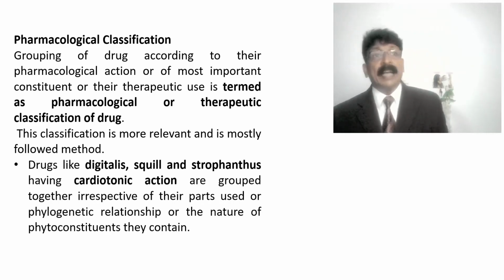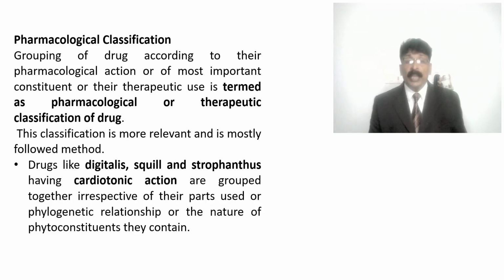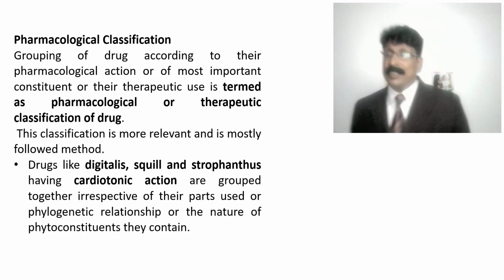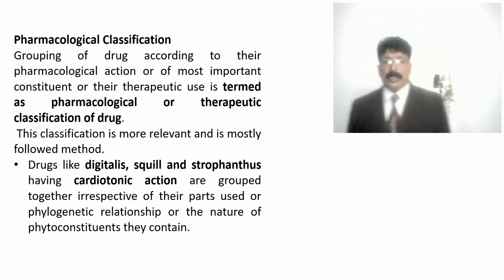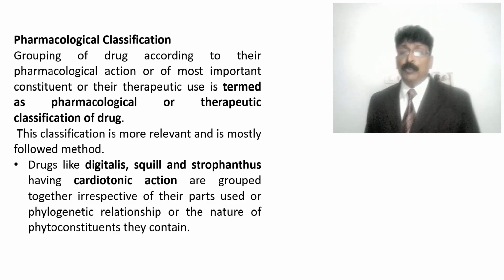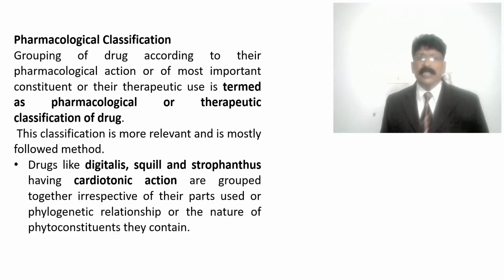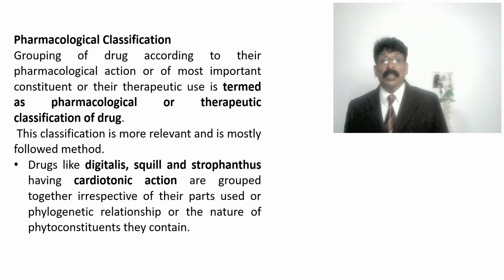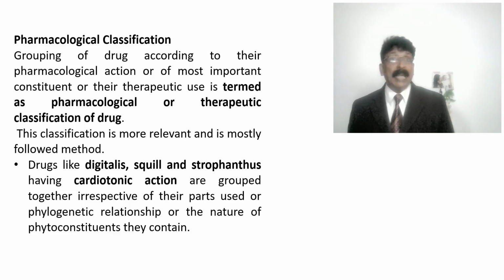Drugs like digitalis, squill, strophanthus, you can see they all have cardiotonic action and are grouped in cardiac drugs together, irrespective of their parts being different. Digitalis we use the leaf, squill we use the underground bulbs, and strophanthus we use the seed. So the parts will be different, but the action is same.